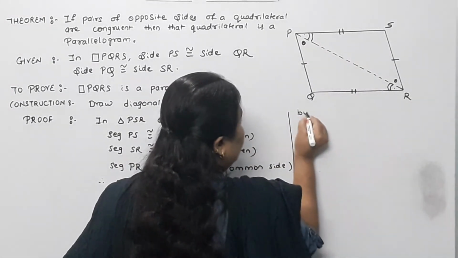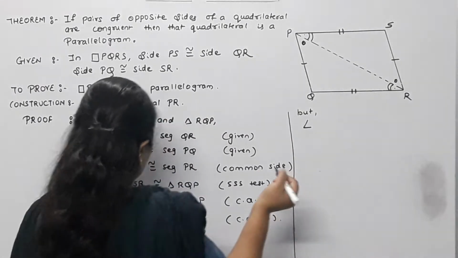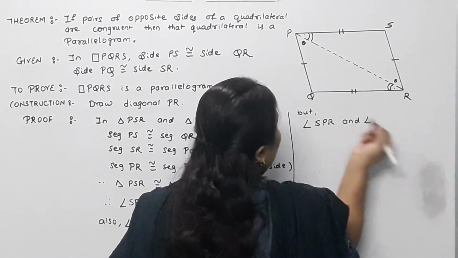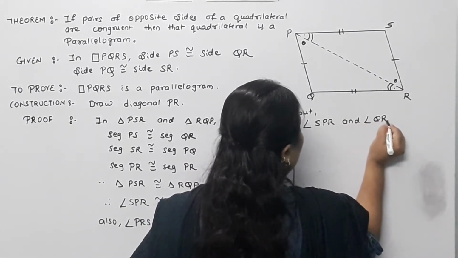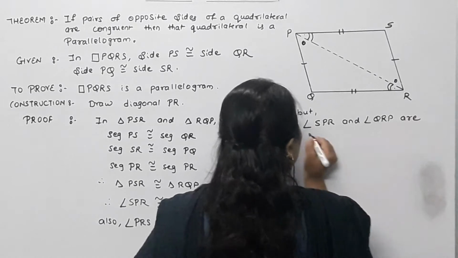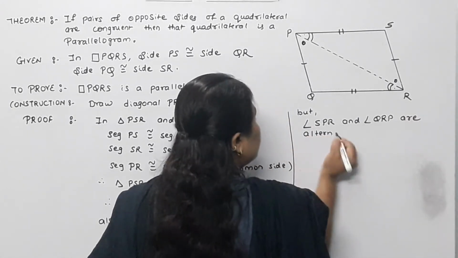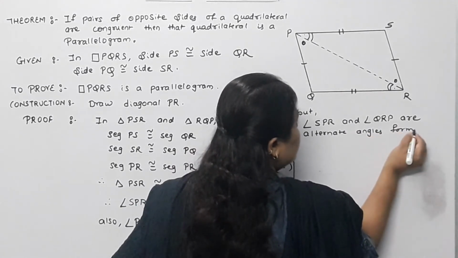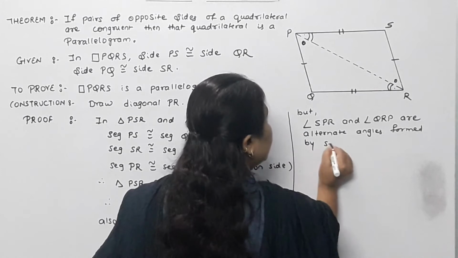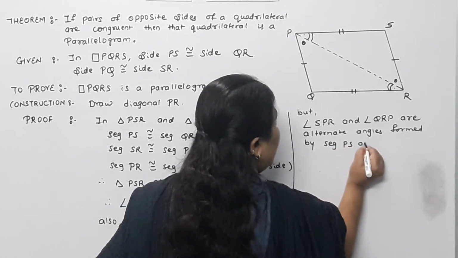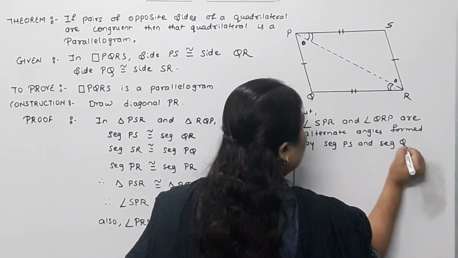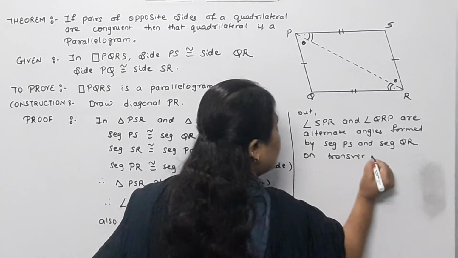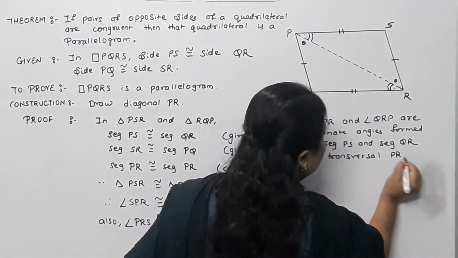So write down, angle SPR and angle QRP are alternate angles formed by seg PS and seg QR on transversal PR.